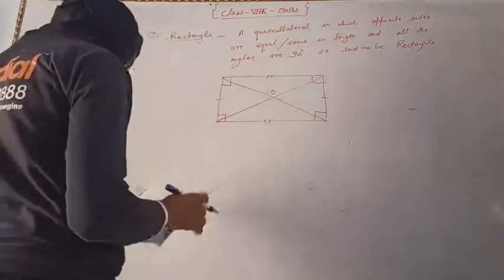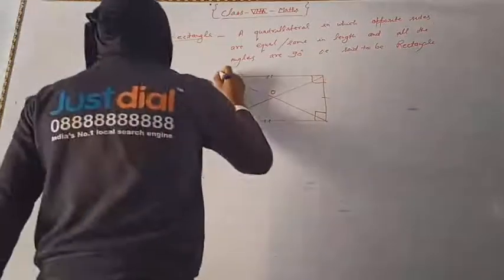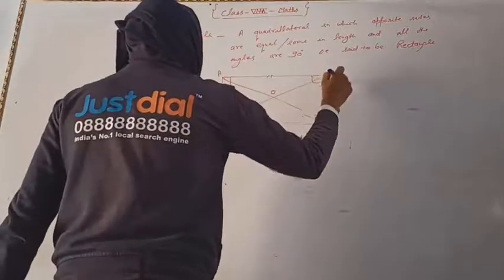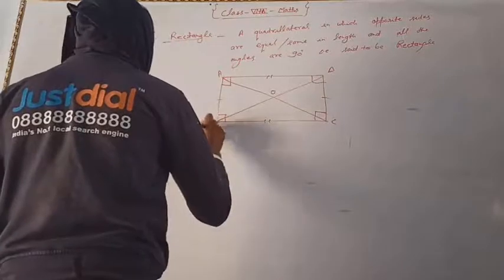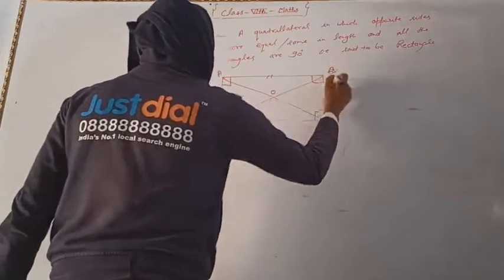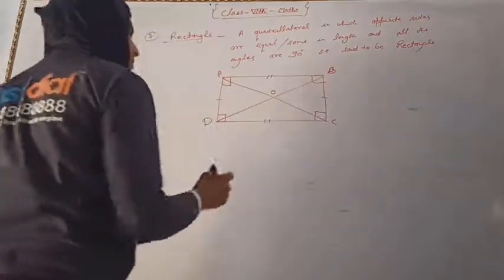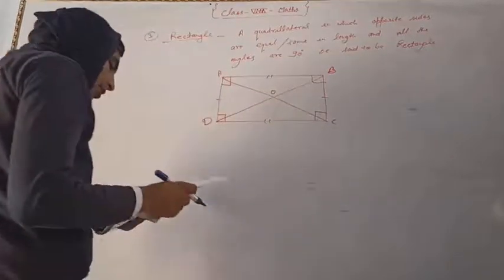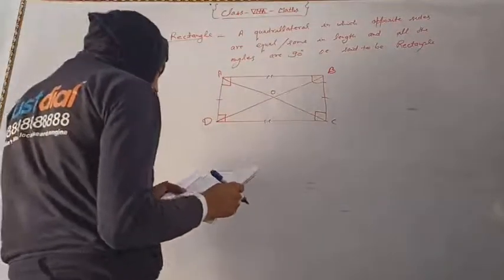Okay. This also A, B, C and D. Okay, A, B, C and D. And diagonals are same length also.